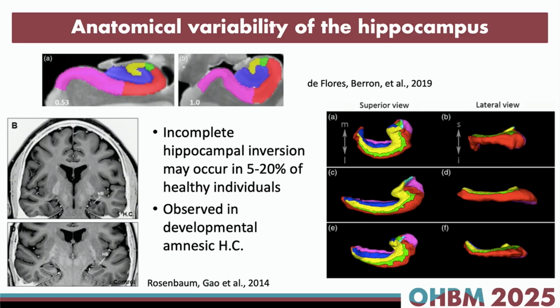There is a variant called hippocampal inversion, which we think occurs in between 5 and 20% of healthy individuals. It could also occur in higher rates in other diseases such as epilepsy. But you can imagine that if you're doing standard resolution MRI and you have these different shaped hippocampi, that might cause some problems.